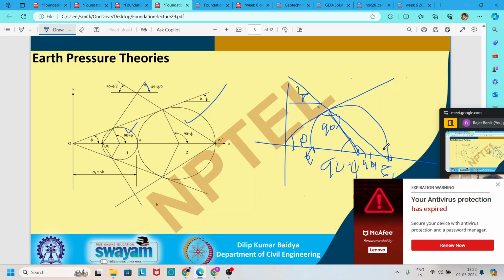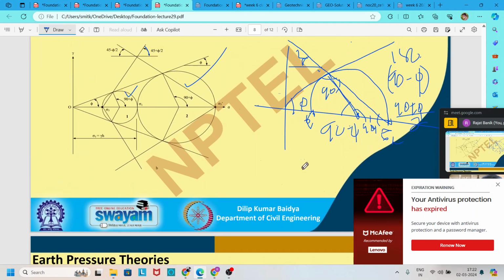So this angle and this angle are the same, which is nothing but 90 minus phi, subtracted from 180, becomes 90 plus phi. After that, we divide by 2 because two angles are same, and it becomes 45 degree plus phi by 2. So our failure angle is 45 degree plus phi by 2.